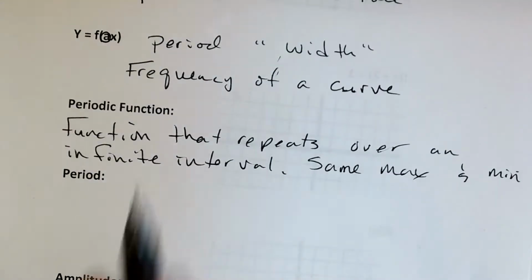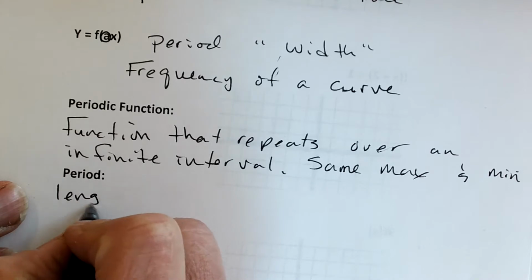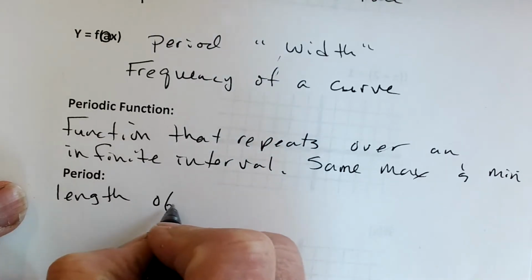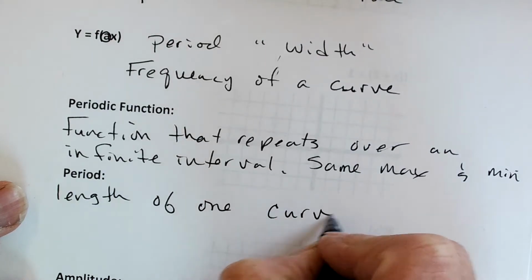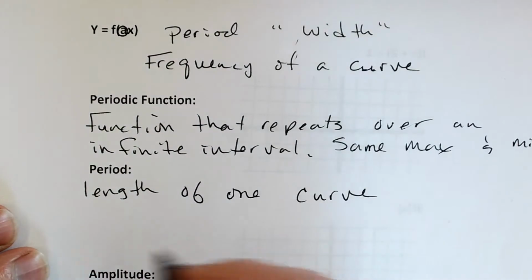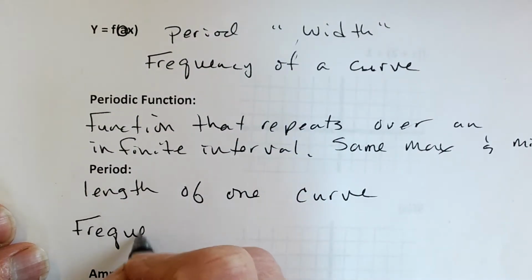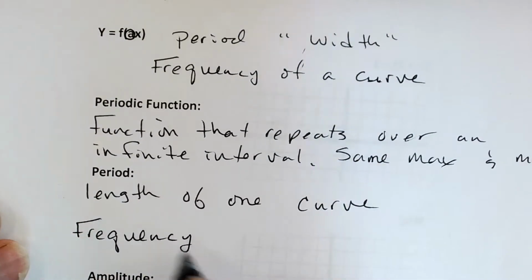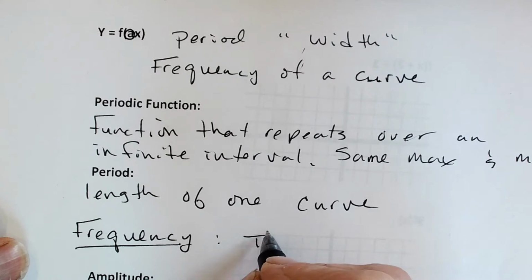Now, the period is going to be the length of one curve. The period is the length of one curve. I also want you to put down frequency. The frequency is the number of curves.